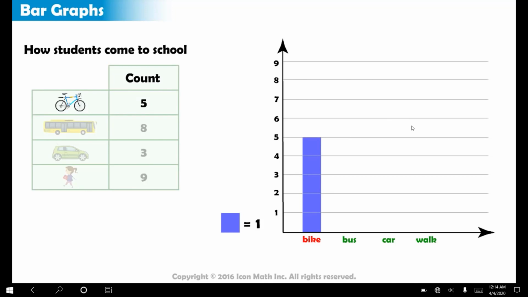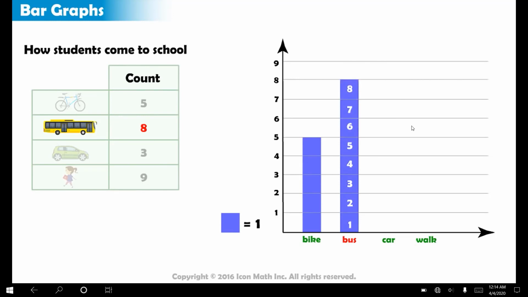Notice how all colored squares combined make a long bar. Moving on to the next category, there are 8 students who take the bus to school. So on top of the bus category, we color 8 squares. And there are 3 students who come by car. So on top of the car category, we color 3 squares.